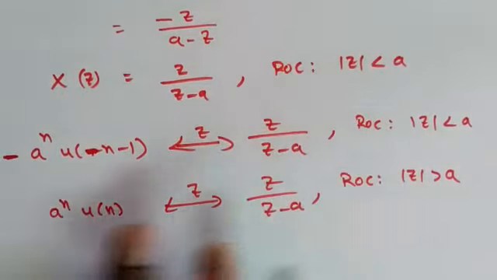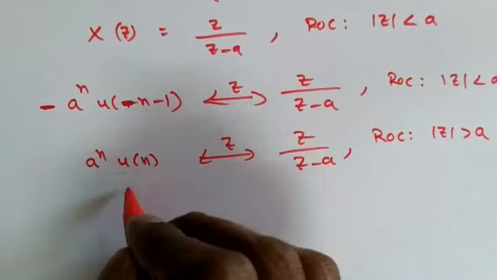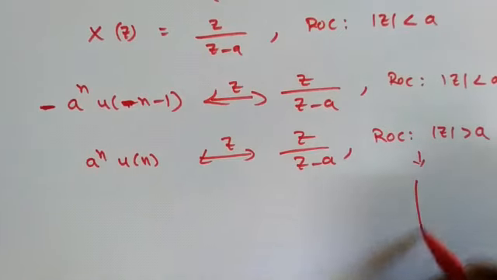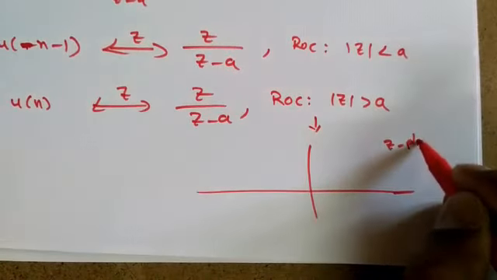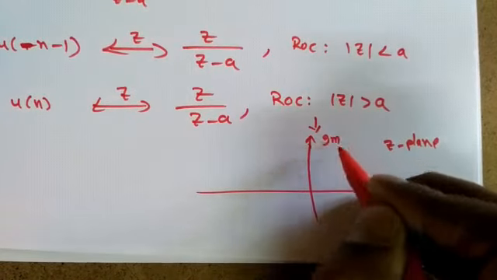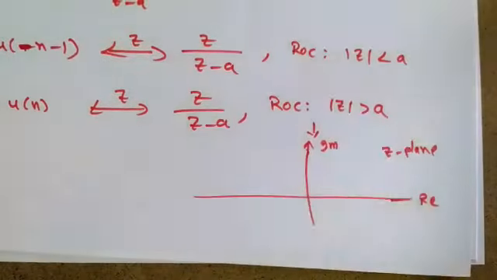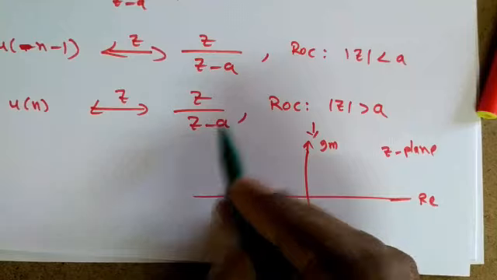Now how to represent it in a circle? So I'm representing this one first. This is the z plane, this is the real part, this is the imaginary part, right? Now mod z is equal to a is nothing but one pole, yes or no?